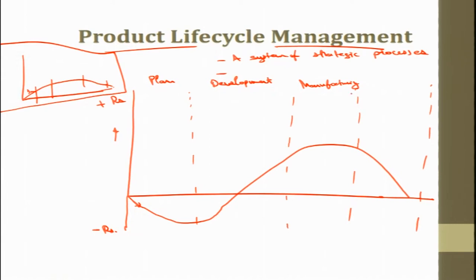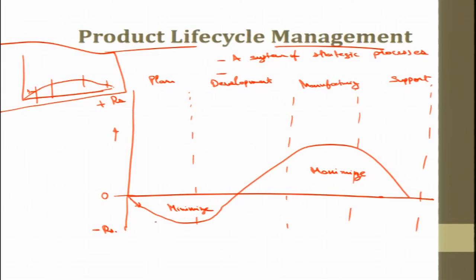After manufacturing, the product is sent to the market, and then we have after sales support. We need to minimize this and maximize this. This is my zero line, and below the zero line is a loss.